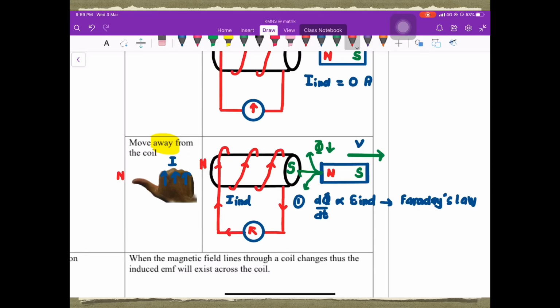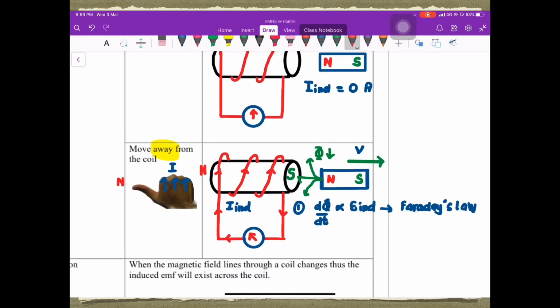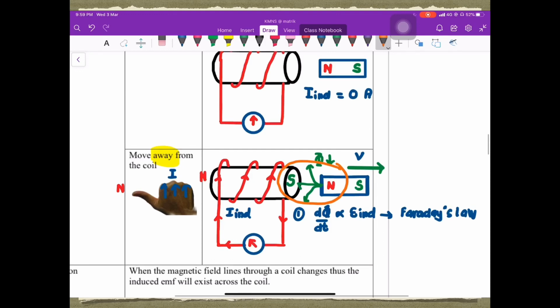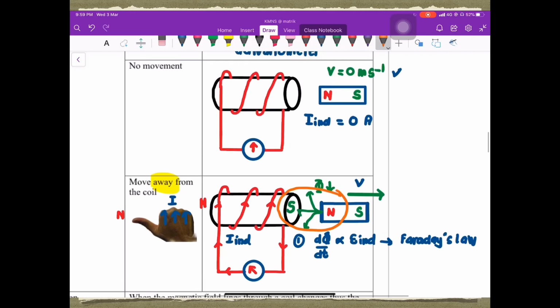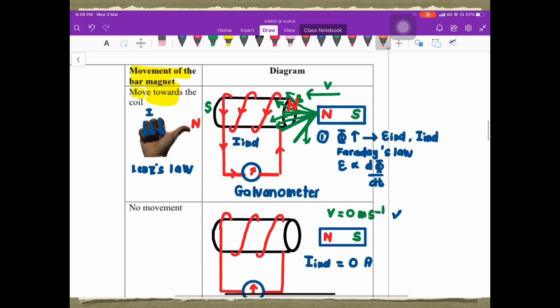So for this situation, this shows you the application of Lenz's law. Same with this one.